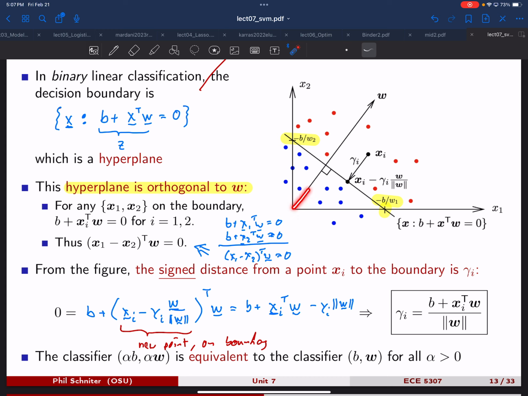So let's say that this is, I'll draw it in green. So this would be, for example, maybe this is the unit norm w. What I'm going to do is now I'm going to take that green vector and I'm going to translate it over here. I'm going to put the green vector here.